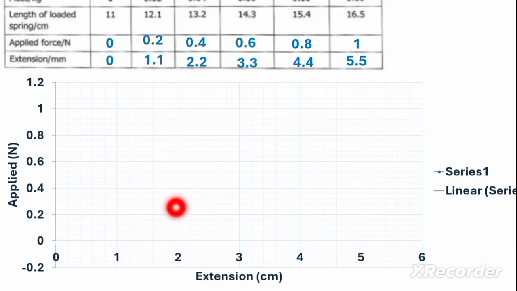So the first coordinate is 0, 0. The second coordinate is 1.1, 0.2. 1.1, 0.2 is here, so we have plotted it. The next coordinate is 2.2, 0.4, which is here.